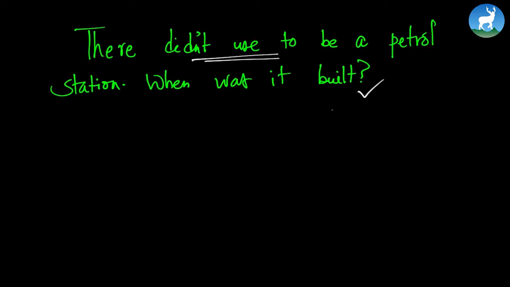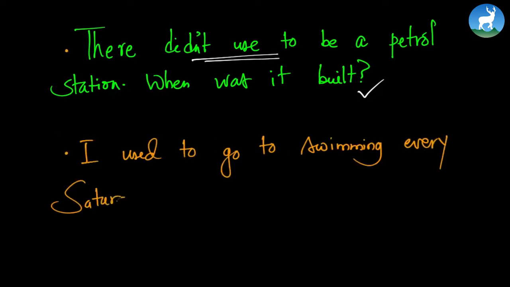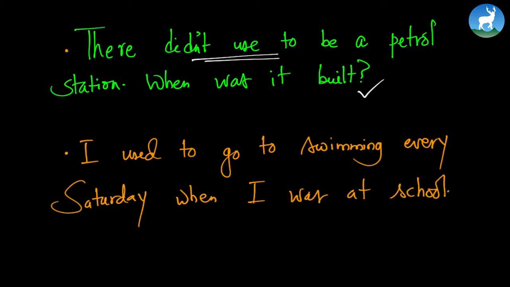You see, we can use used to talk about the past state. For example, I used to go swimming every Saturday when I was at school. So this means you're no longer in school and you no longer go swimming.